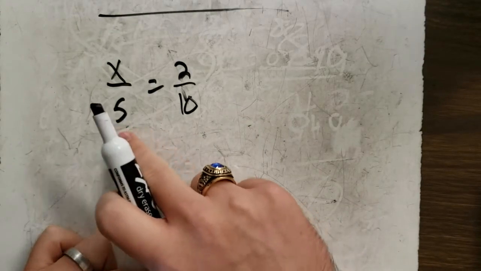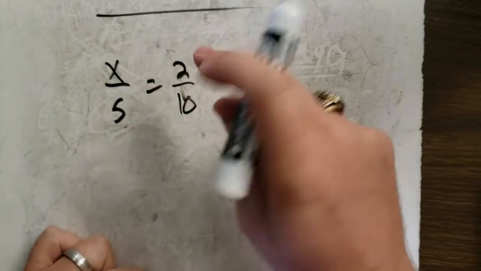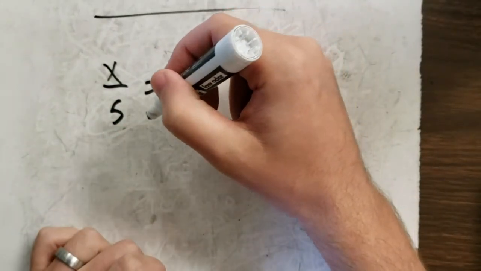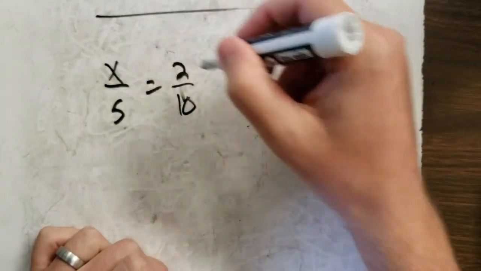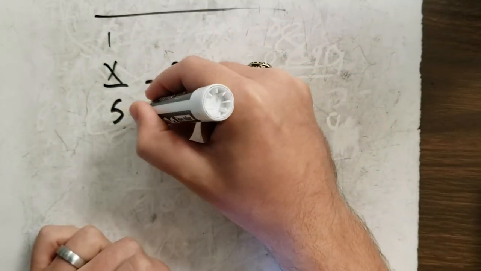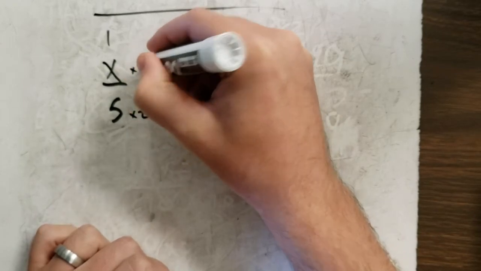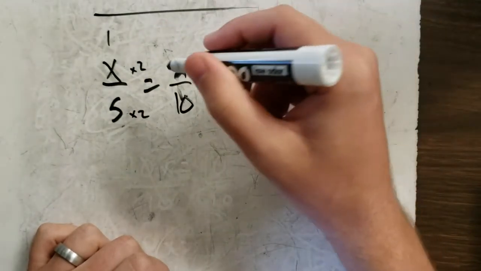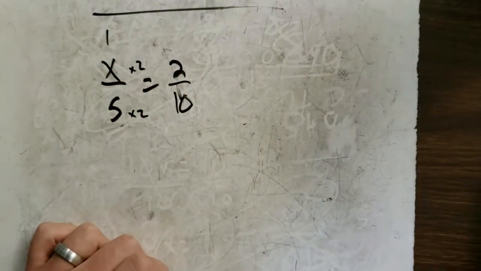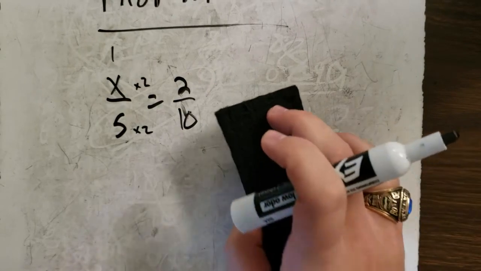So if 5 times 2 is 10, what number times 2 is 2? 10 divided by 2 is 5, and 2 divided by 2 is 1, right? So x times 2 is 2, and we know that 1 times 2 is 2.